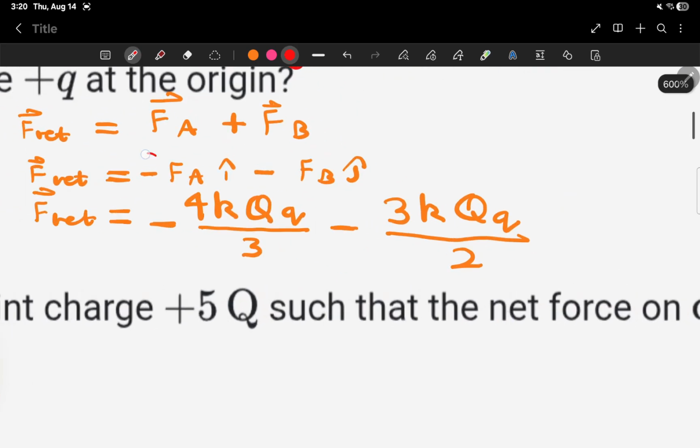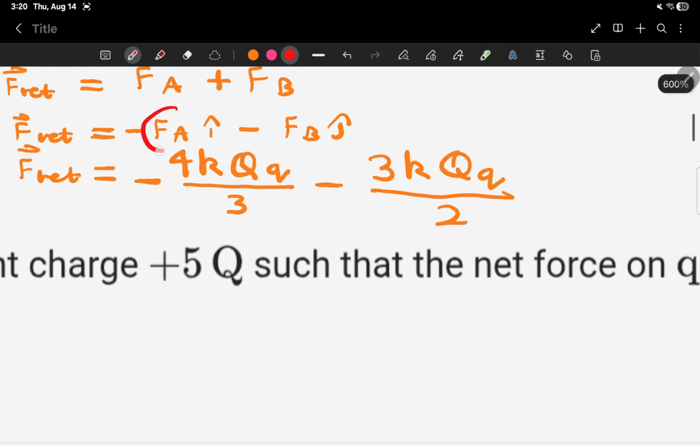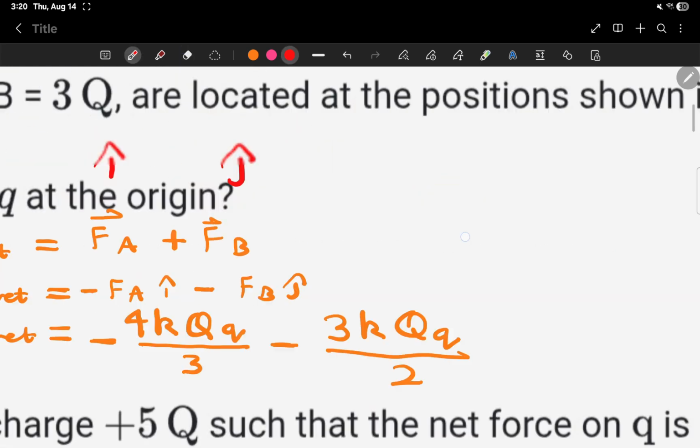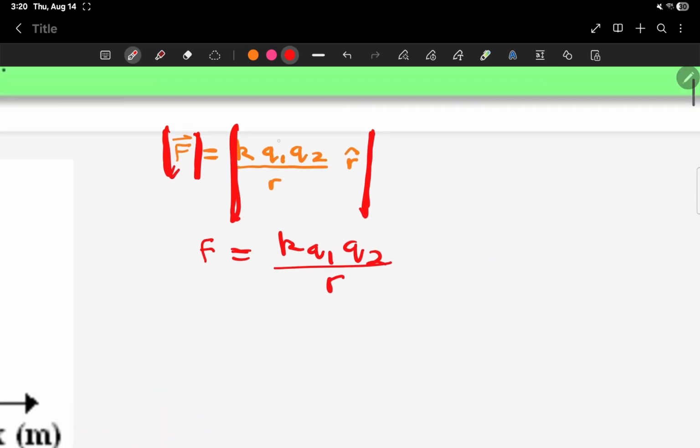So I already know that it's negative in the i hat direction, negative in the j hat direction. That's great. I've accounted for the direction. So at this point, I'm just solving for the magnitudes of the forces, which means that I apply an absolute value on this equation, which automatically makes any negative charge positive.